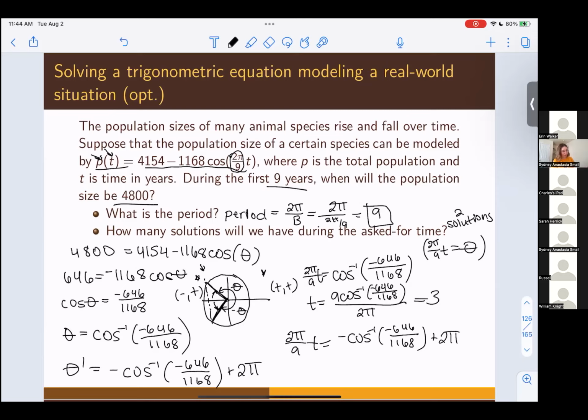Now dividing both sides by 2 pi over 9, I get that t is equal to 9 times the negative inverse cosine of negative 646 over 1168 plus 2 pi, all over 2 pi, which when I plug this into my calculator, this nasty thing, I get that is approximately year 6. So during the first 9 years, the population size will be 4,800 in year 3 and year 6.